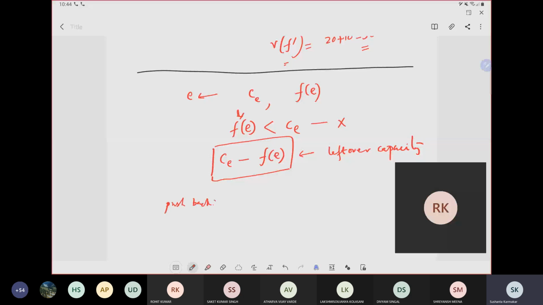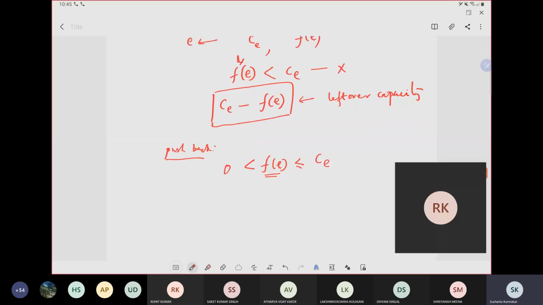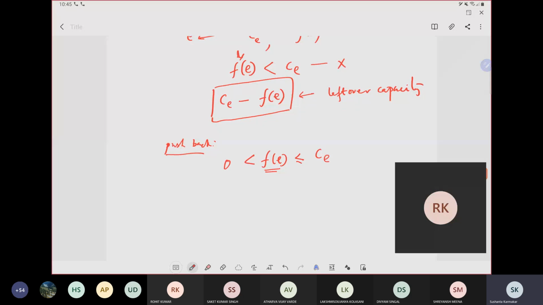Now, if FE is less or equal to CE, but it is greater than 0, that means it is carrying some positive flow that is in between the maximum capacity and 0.